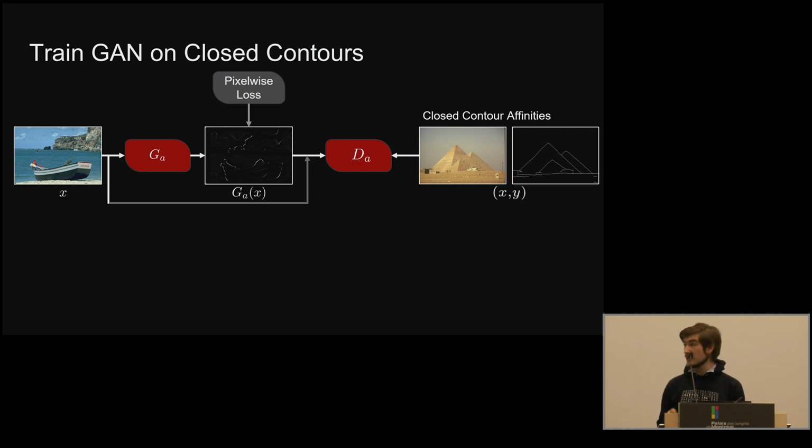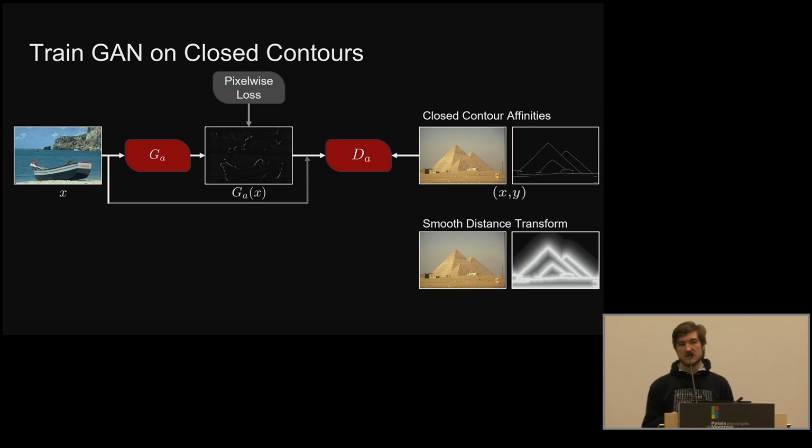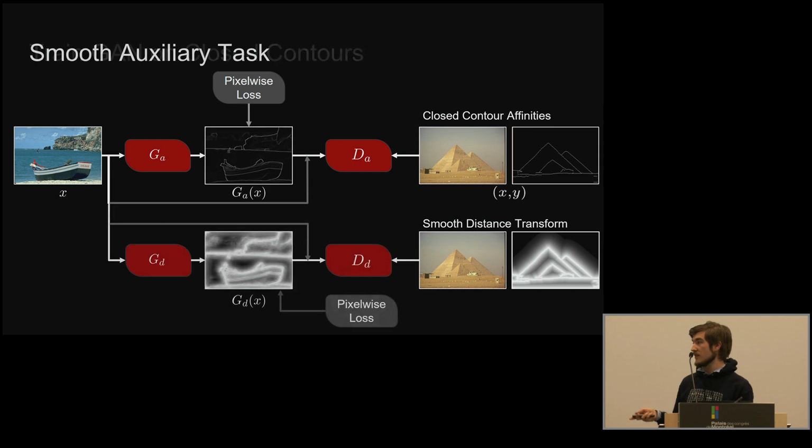So in the second step, we introduced an auxiliary task. Our intuition was that the first task of predicting the affinities, which are very non-smooth, is a very hard target for the generator. So we gave a second generator a smooth target, which is the distance transform.